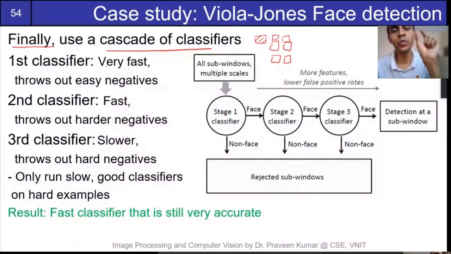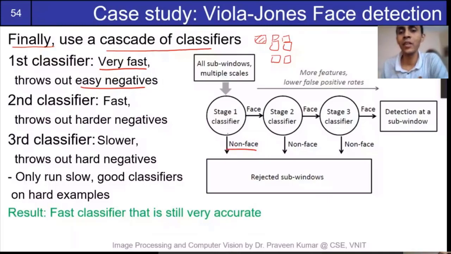Maybe you will be using just one feature, and it will be for the easy negatives. All non-faces, you will be able to discard very easily. It may predict that there is a possibility of a face, but that is not a problem. So it will have a very low false negative rate.